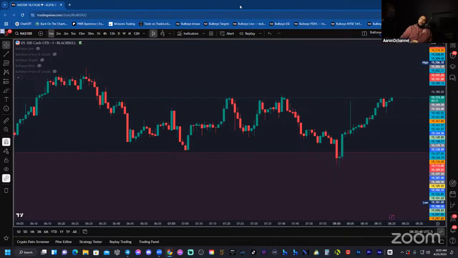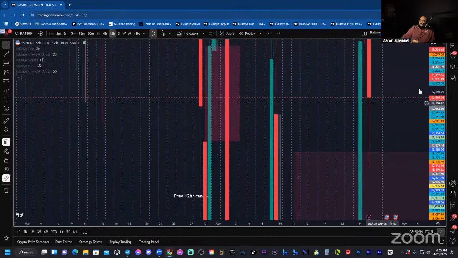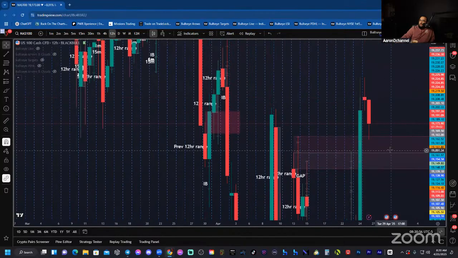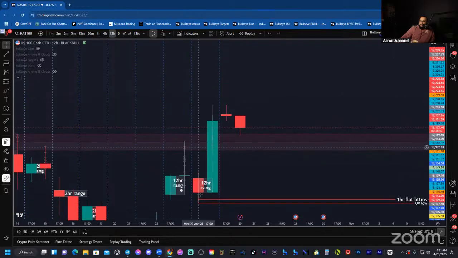All right, first things first. We want to look at that 12-hour time frame. Why do we want to look at the 12-hour time frame? I want to see what that first session was like, the first half of the session. There's going to be 2 candles in every day. 12 hours, right? 24 hours in a day, 2 candles per day.